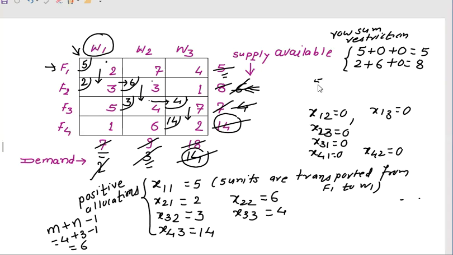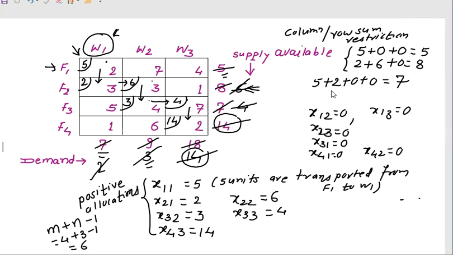So 5 plus 2 plus 0 plus 0 is equal to the requirement at the first warehouse, which is 7. So 5 plus 2 is equal to 7, 6 plus 3 is equal to 9, and 4 plus 14 is equal to 18. So the row sum restrictions and column sum restrictions are both satisfied.